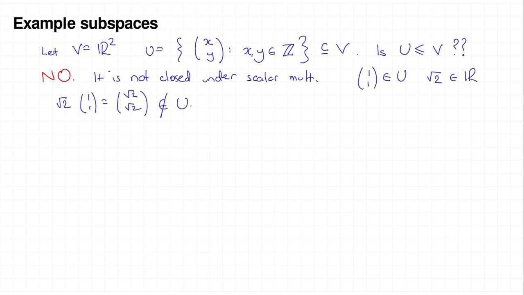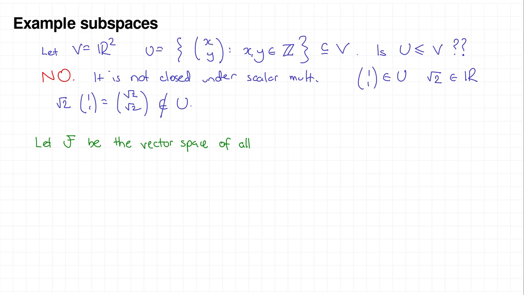Let's look at another example of something which is a subspace of a vector space. So this time we're going to take a completely different vector space. We're going to let F be the vector space consisting of all functions from the real numbers to the real numbers.